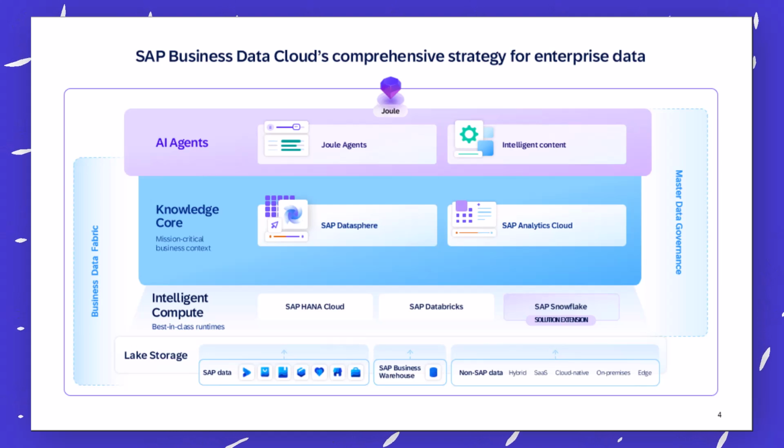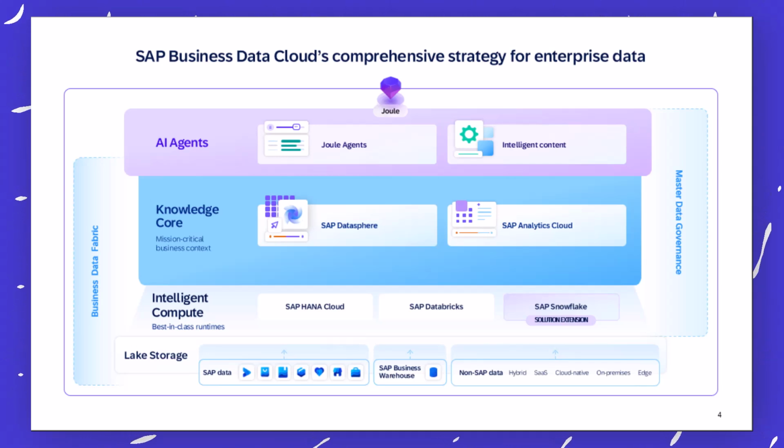From a knowledge core point of view, the knowledge core is delivered through SAP Datasphere and SAP Analytics Cloud, where semantics, data products, knowledge graphs, and analytics come together to deliver rich business context.